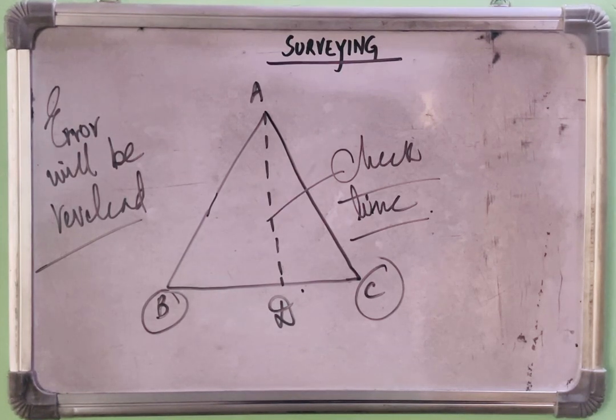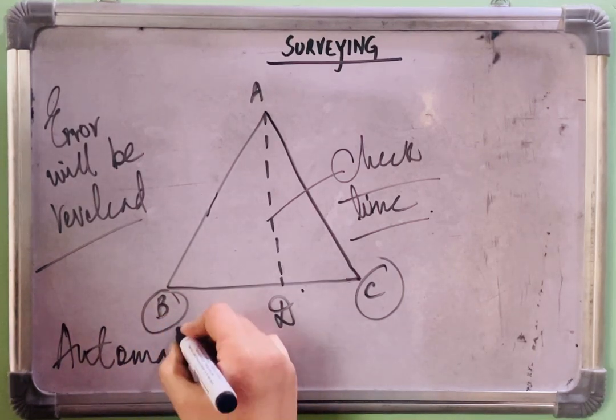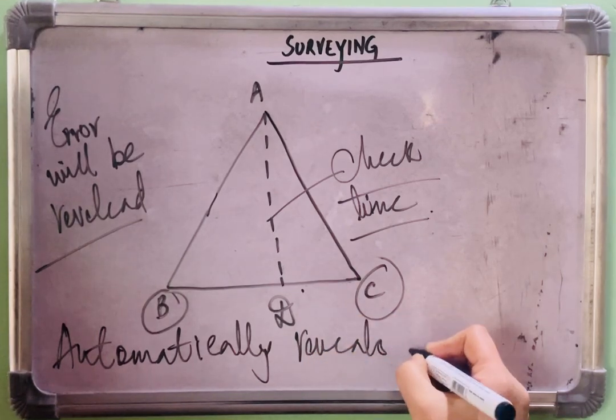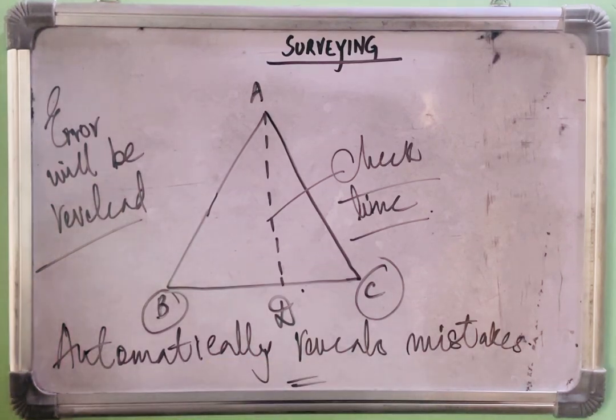All measurements should be checked at the time of recording, and this can be done by adopting a method which automatically reveals mistakes. Choose a method which automatically reveals the mistakes, right? And this can be achieved if one survey party does the measurements in reverse direction, and if different parties take the measurements independently.